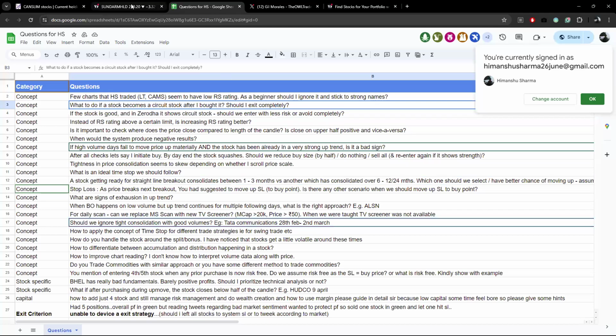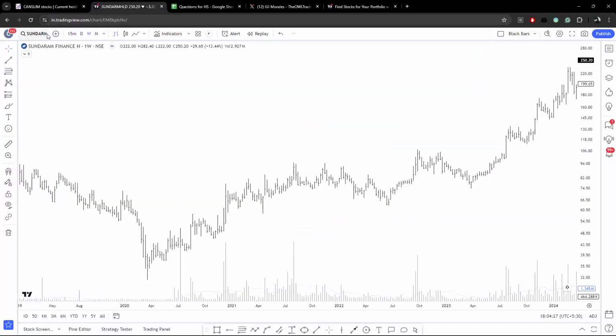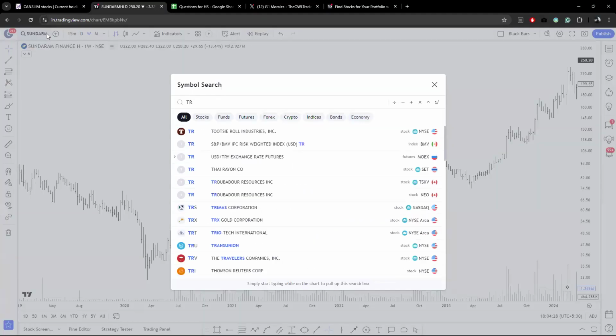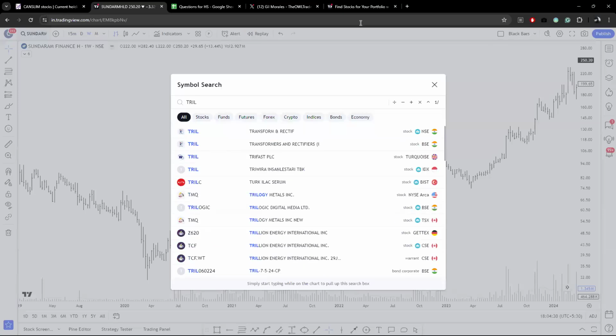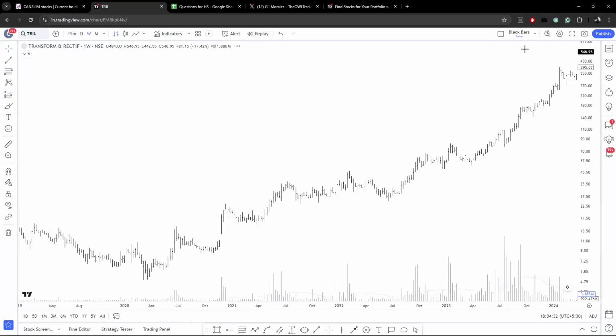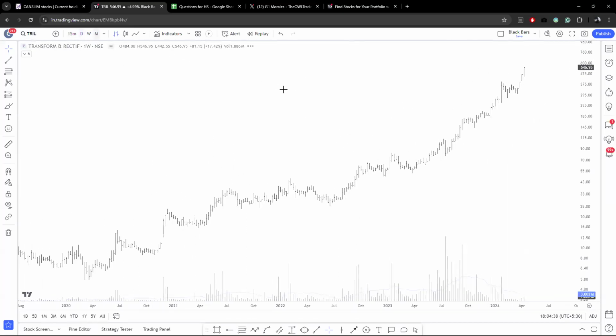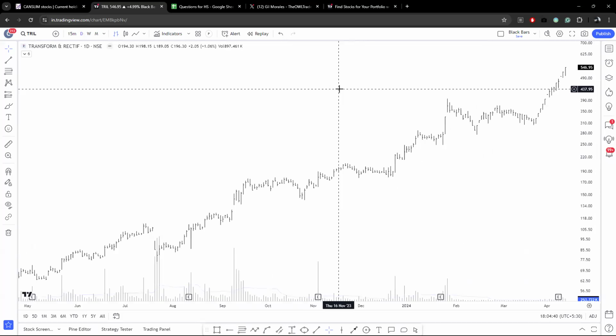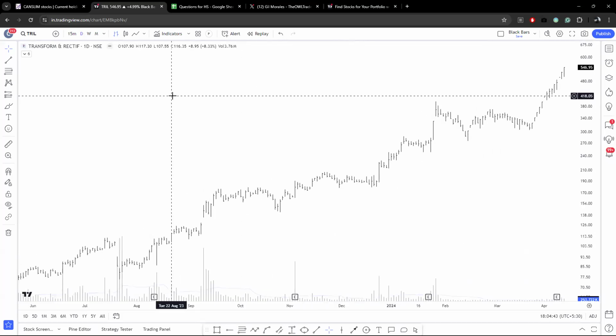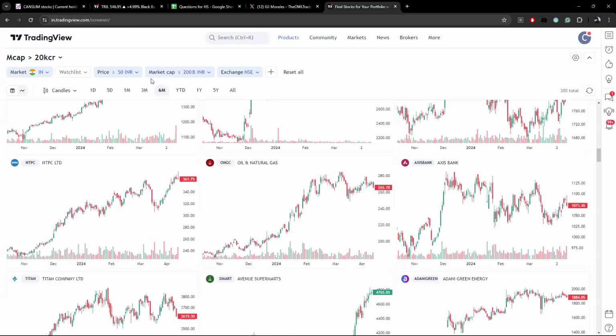TRIL is one stock which is moving up, and this one I think is very strongly moving up now. But on the other hand, we saw what happened with Tata Investment. It quickly came down, or what happened with IREDA initially. So that is why it is advisable to just trim down your position size.